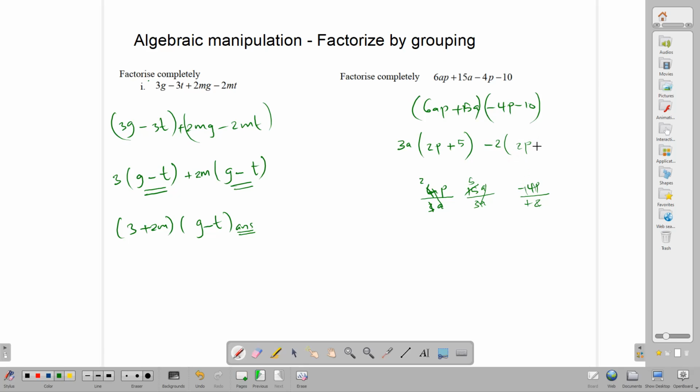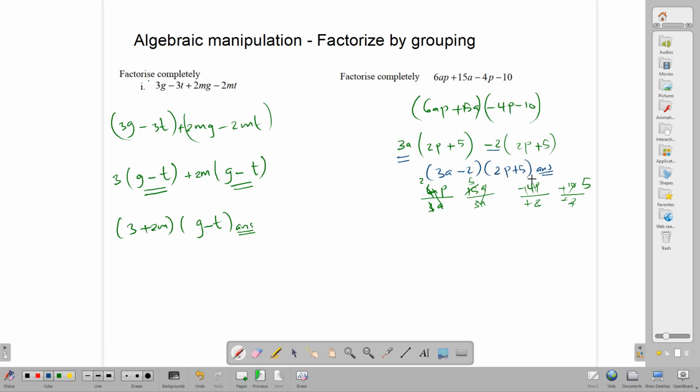And negative 10 divided by a negative 2 gives us a positive 5. So our answer becomes (3a minus 2)(2p plus 5).